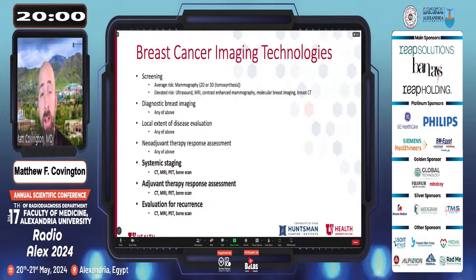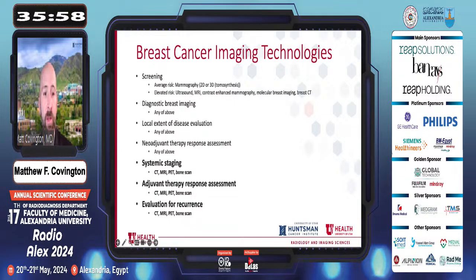We can also evaluate adjuvant therapy response. If a patient is on therapy, with neoadjuvant and adjuvant therapy response, typically with PET we're doing adjuvant. They've had definitive therapy, and now we're looking to see: is all the disease gone? Is there persistent disease? Is there progression?